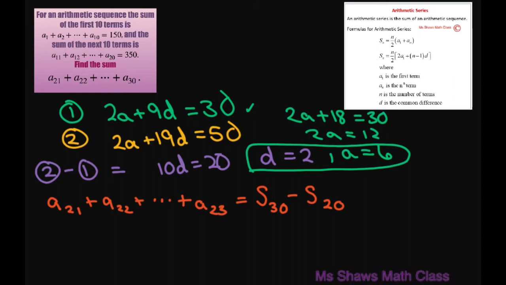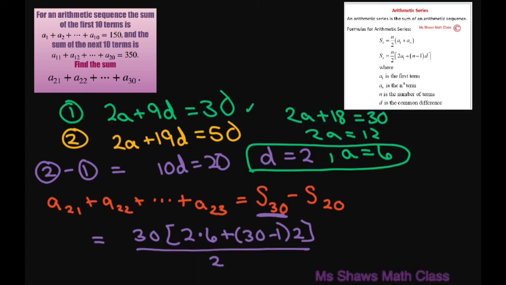So let's do this part first. This part here is going to be equal to 30 and 2 times your a, which is 6, plus 30 minus 1 times your common difference, which is 2, all divided by 2.